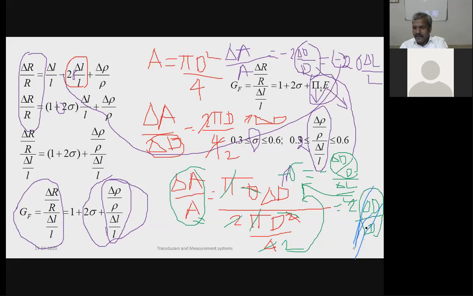We are going to find the alternate value for delta d by d. We go for Poisson's ratio. The Poisson's ratio is nothing but minus the ratio of lateral strain to longitudinal strain.